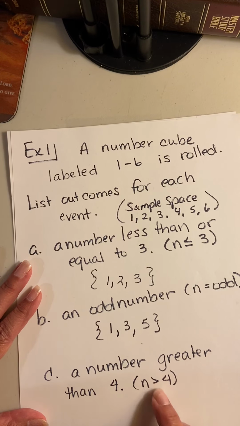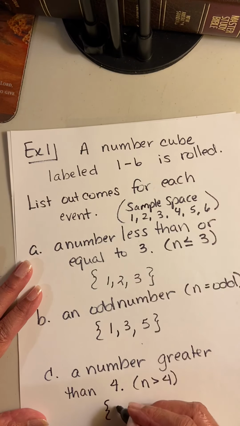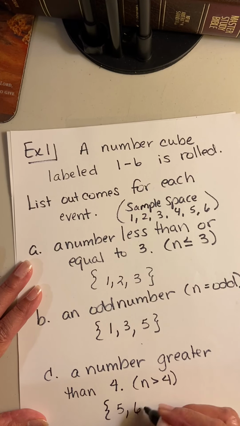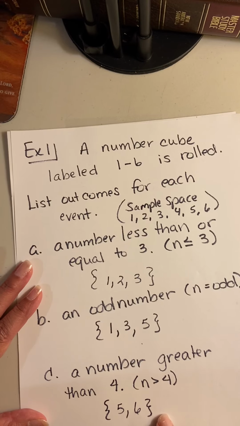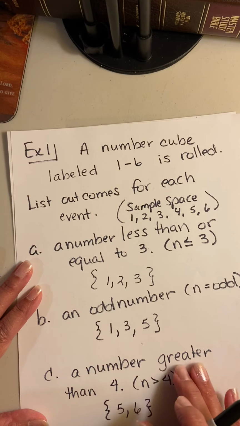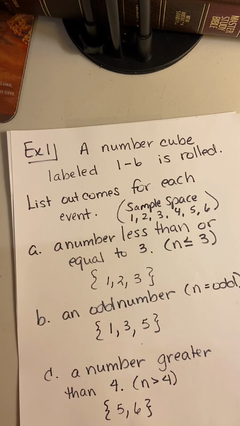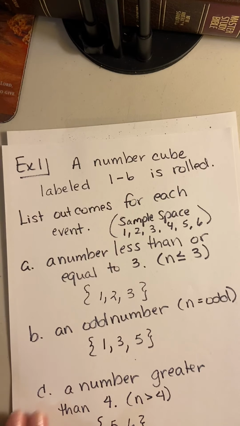You have to be very careful with this, because it didn't say greater than or equal to. So my favorable outcome is either 5 or 6. Let's move on.